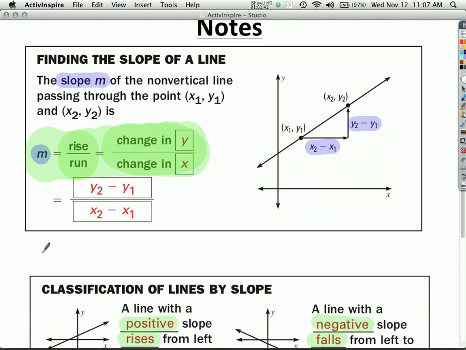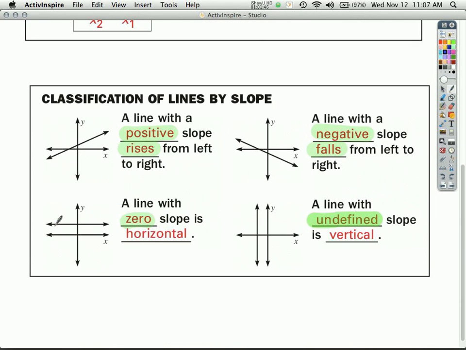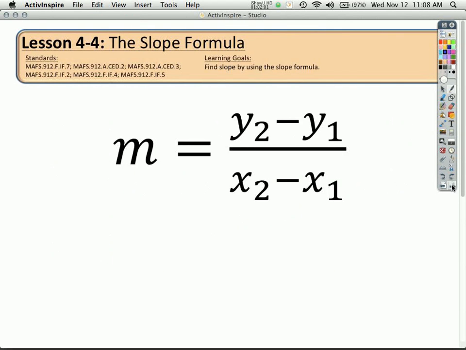It's a horizontal line, like right here. So you should have known that you did something wrong. My students who are going to get a level 5 need to know things like that, and that's why you should easily be able to tell whether it's positive, negative, 0, or undefined.